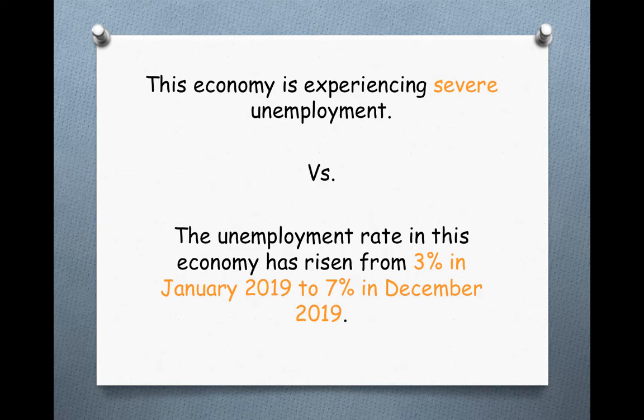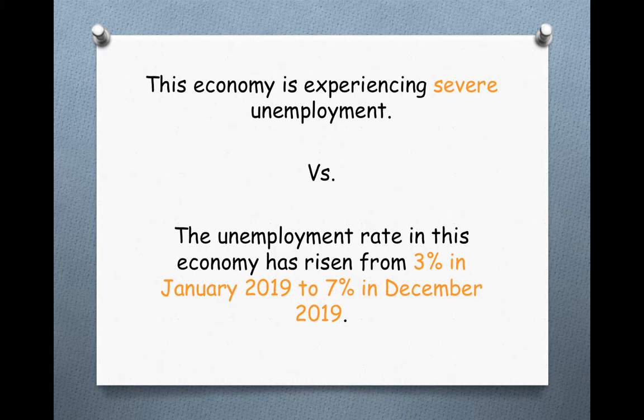Now, when we look at the first statement, someone could call this severe unemployment. But how do we gauge the word severe? It is very subjective. It is a very emotional, opinion oriented statement.